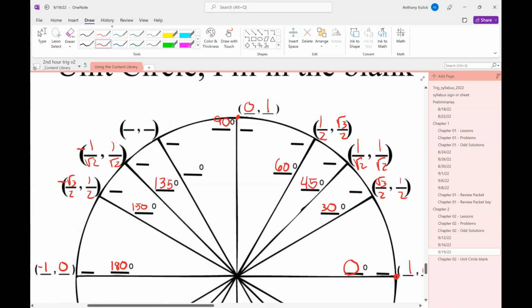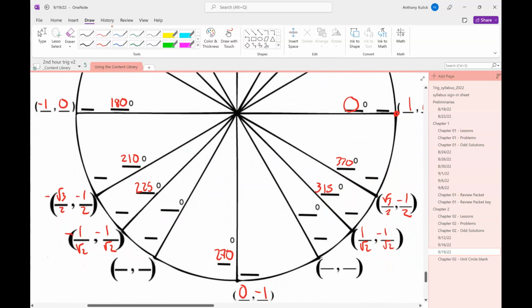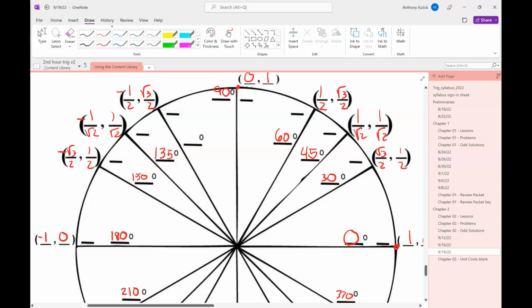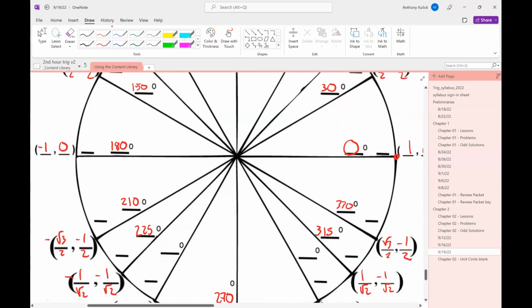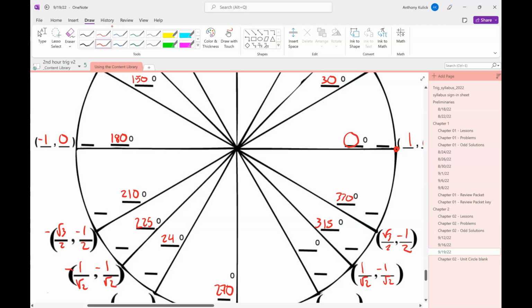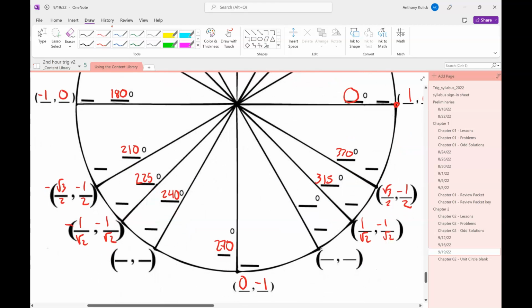In the second quadrant, the x is negative, but the y is positive. Oops, I forgot to write the angle measure there. 120. This is 240. In that third quadrant, everything is negative.